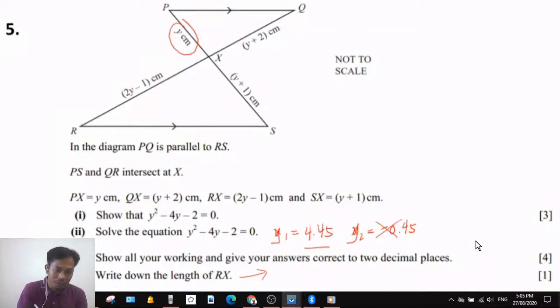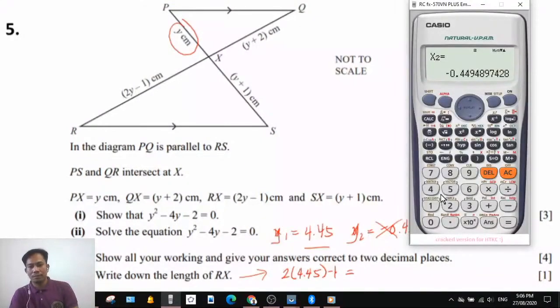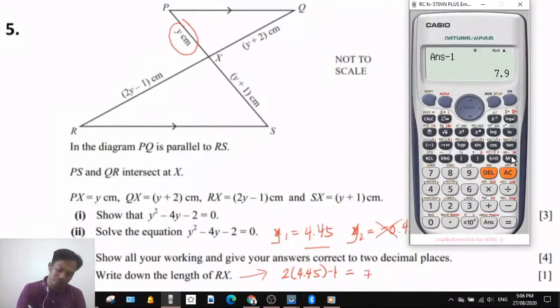So it will become 2 times 4.45 minus 1, which gives 7.9.